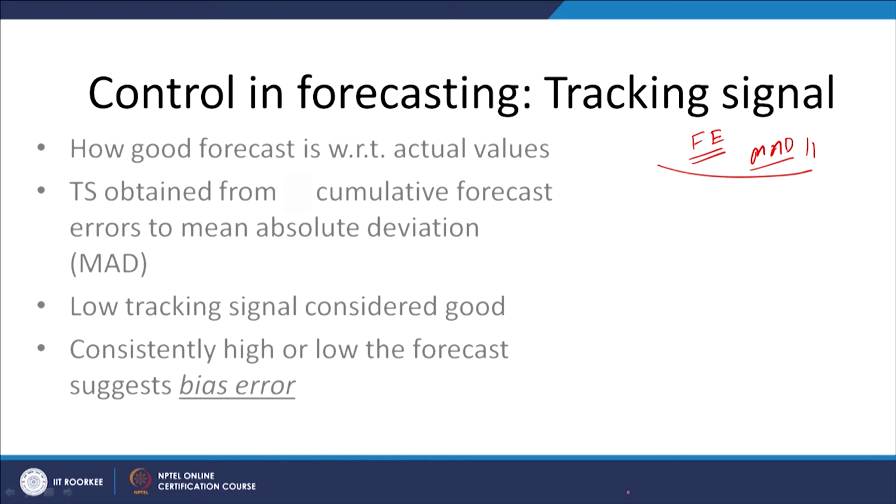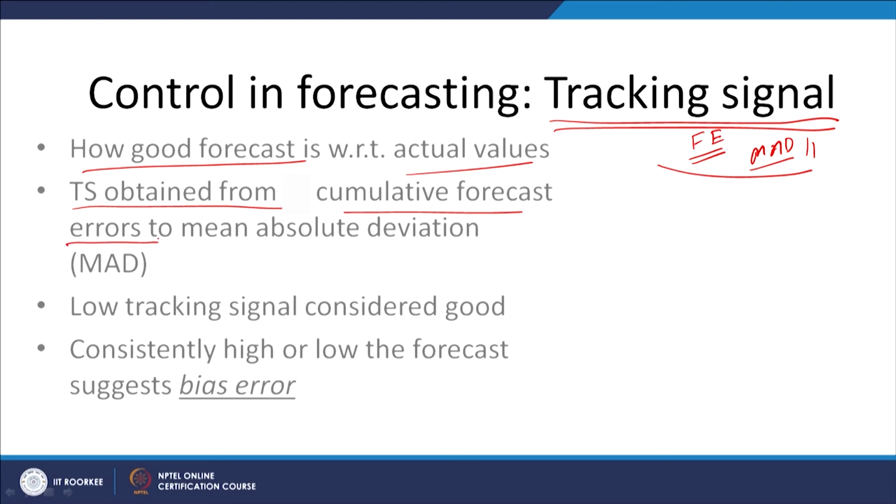How good the forecasting is with respect to the actual values can be determined through the tracking signals. The tracking signal is obtained from the cumulative forecast errors relative to the mean absolute deviation. The cumulative forecast errors consider both positive and negative signs, and mean absolute deviation does not consider the signs.